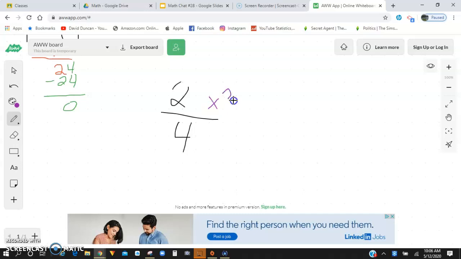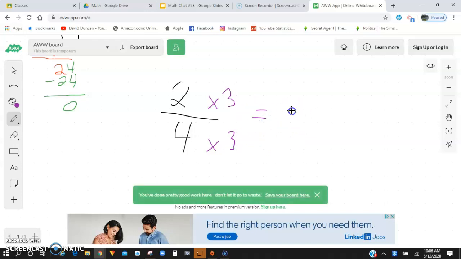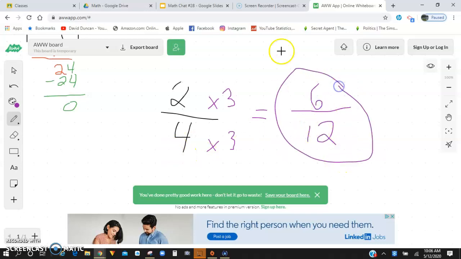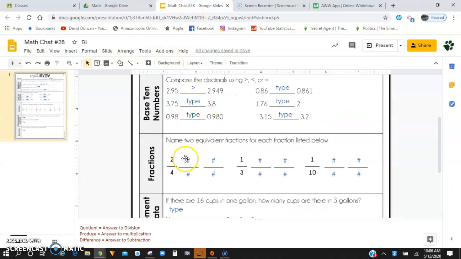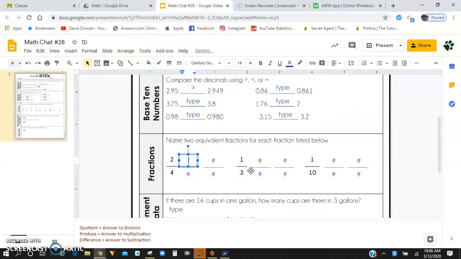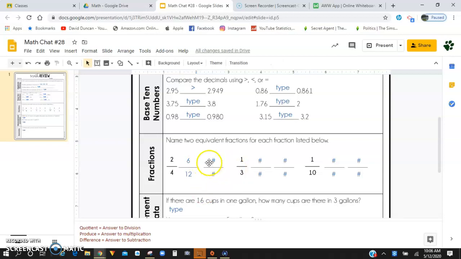The numerator has to be multiplied by 3, and the denominator also has to be multiplied by 3. They have to be multiplied by the same number. 2 times 3 is 6. 4 times 3 is 12. So I know automatically that 6/12 is an equivalent fraction to 2/4. And you're going to do the same. You're going to have 2 equivalent fractions for each one of these fractions here.